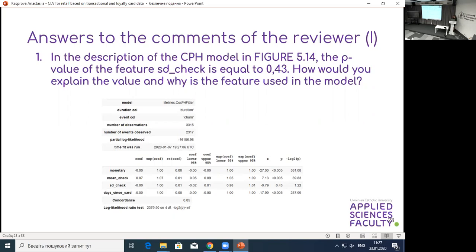My reviewer pointed out that I use a predictor which has a p-value more than 0.5, and it was just because of my inattention and probably rush. This is my mistake in this case.